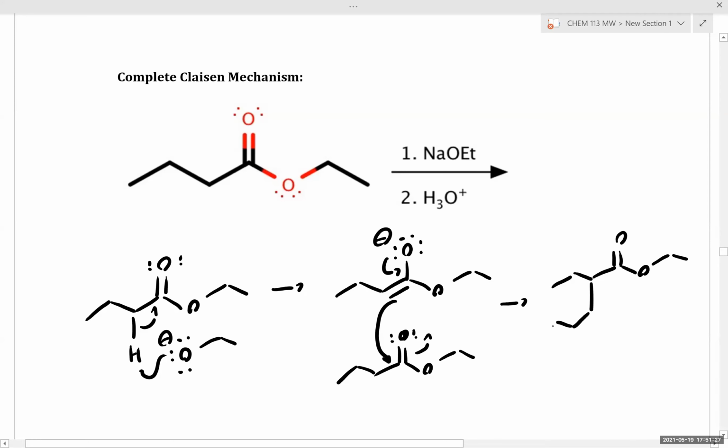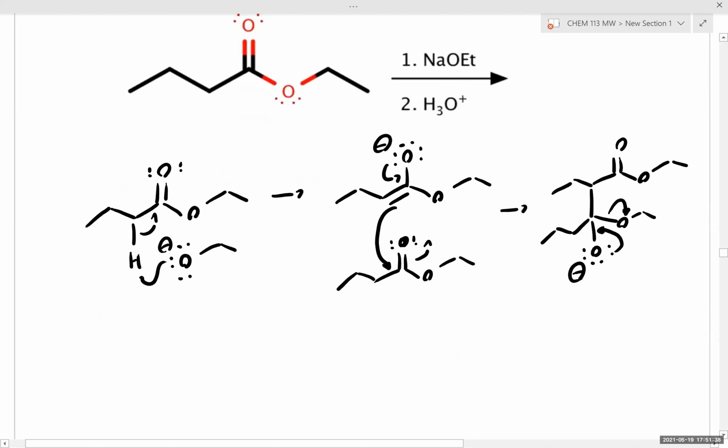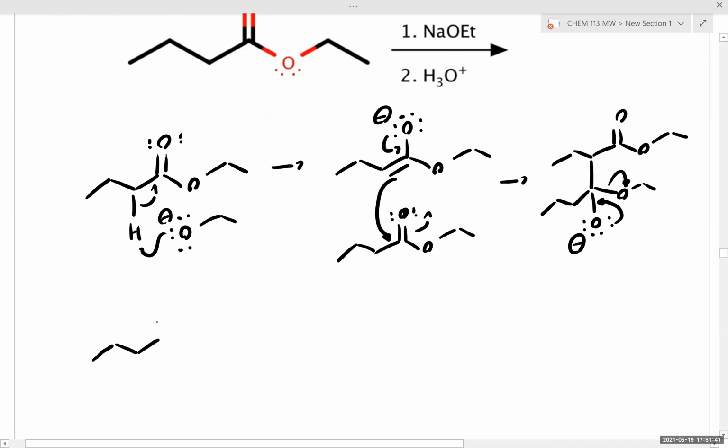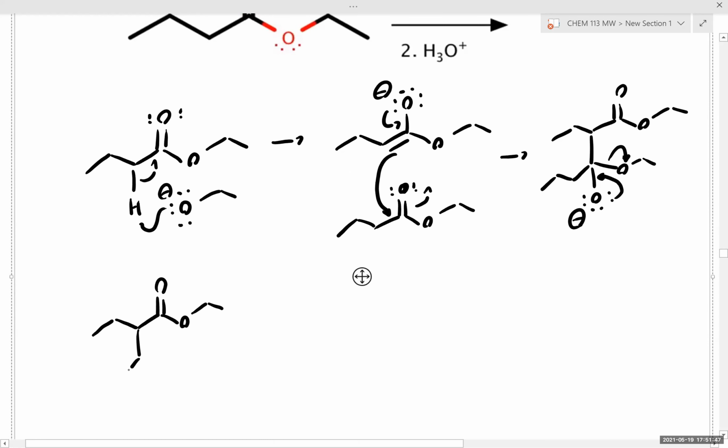So far, this looks like what we've seen time and time again. From here, this tetrahedral intermediate can collapse and kick out an equivalent of ethoxide. This gives us our beta ketoester. Are we done? Is this the full, complete Claisen mechanism?